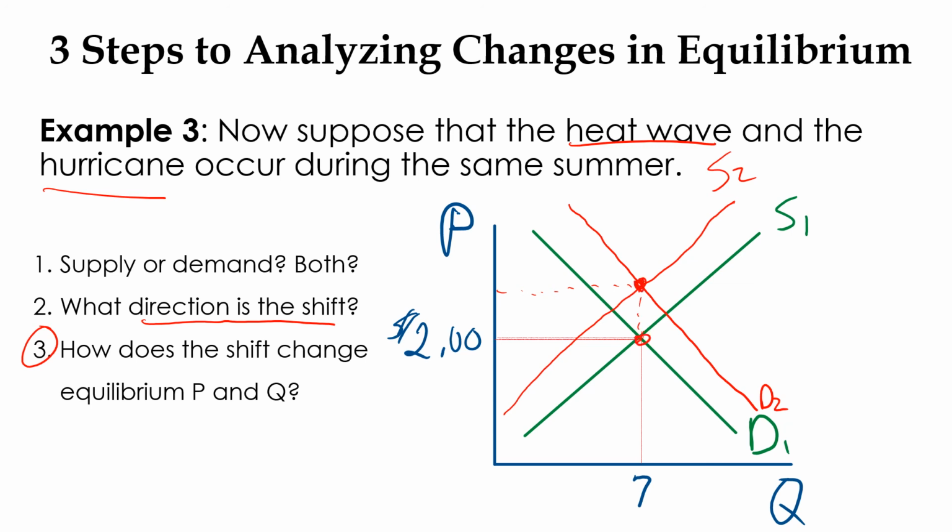Our old equilibrium is right here. And there is not a change in the amount of ice cream in the market. But there is an increase in price, okay? We still have an increase in price, but the quantity of ice cream in the market remains the same. So when we get into two different shifts, it does depend on the magnitude of the shifts.